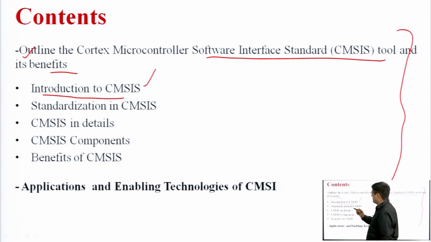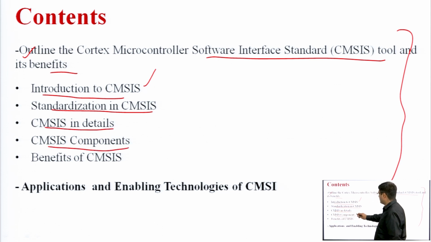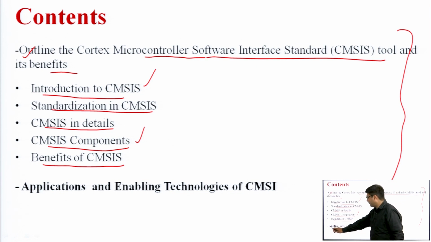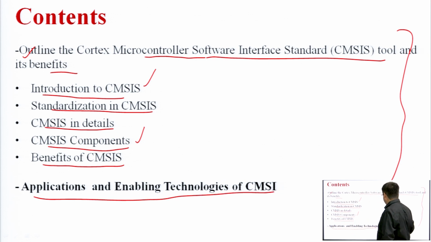After that, standardization in CMSIS tools. After that, we will discuss CMSIS in detail. After that, the various CMSIS components. The last topic is the benefits of CMSIS, outlining the different features of CMSIS. Finally, in the last slide, we will cover the applications and enabling technologies of CMSIS.